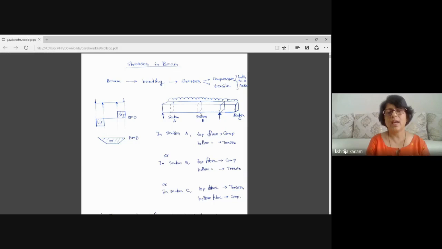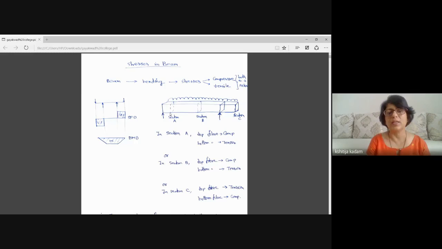There is a beam having one support at left corner and other support in the middle portion in the right side. Okay, so in this beam, when it is loaded with some loading, here I have shown you uniformly distributed load.